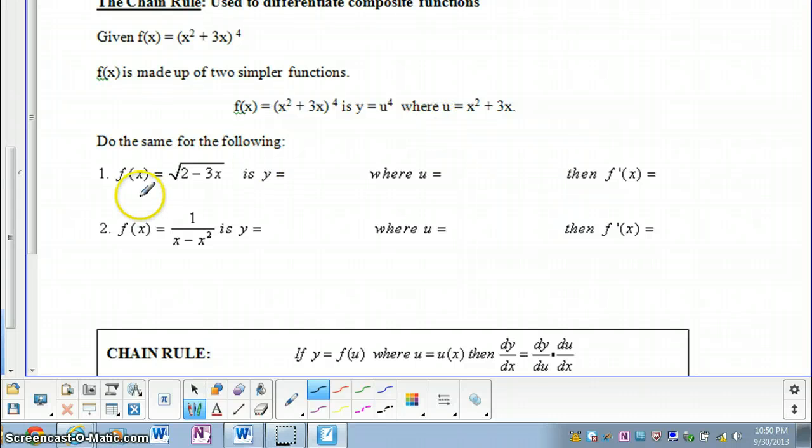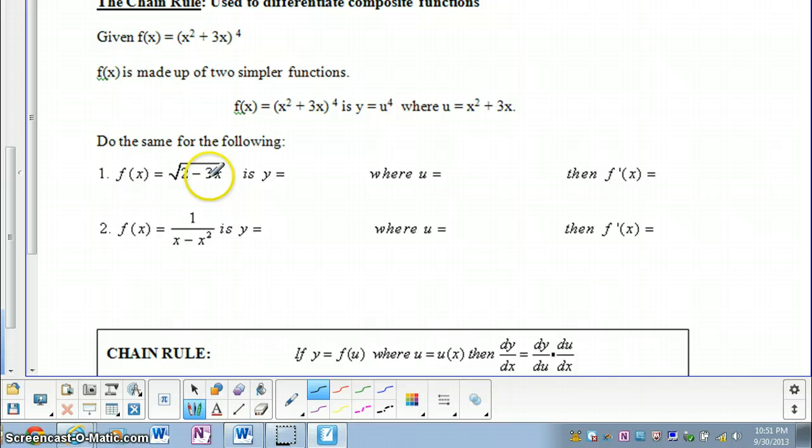Okay. So let's look at the first problem here where we have f of x equals the square root of 2 minus 3x. What part here looks complicated to you? Some students will immediately want to solve for what the y is, others will want to look for the part they're going to set equal to u. So in this first example, I'm going to do y first.